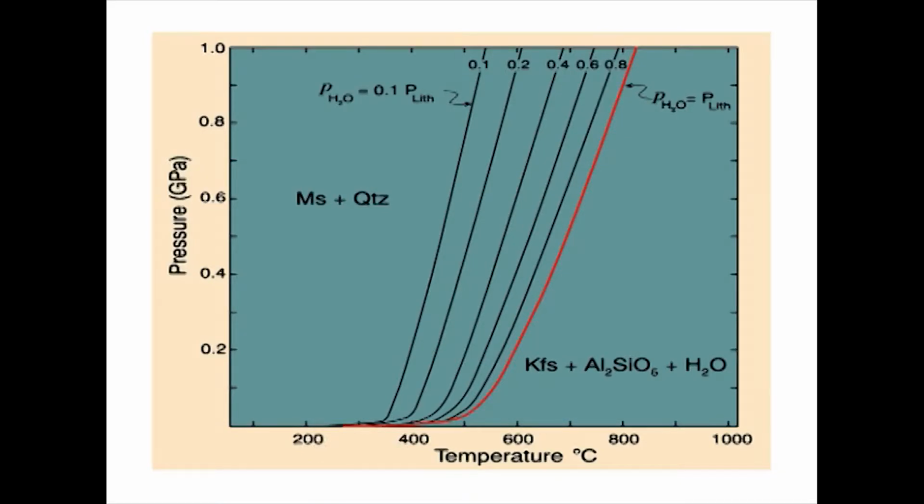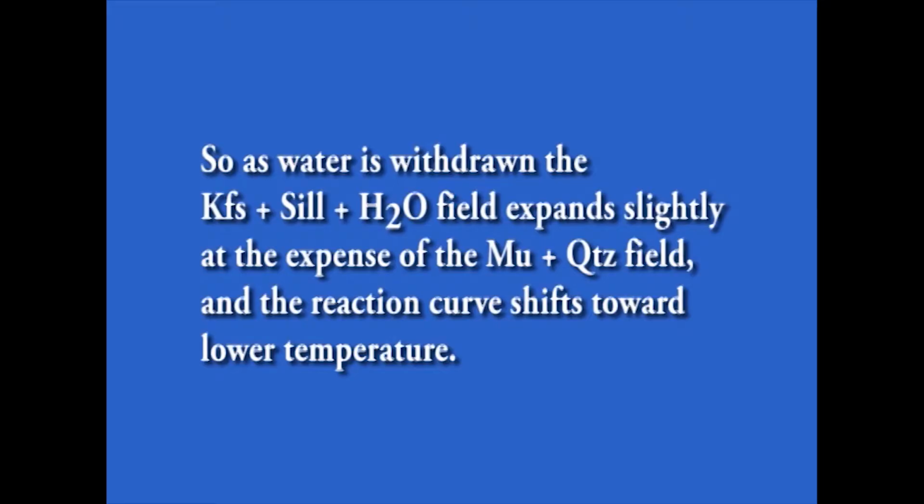This has the effect of stabilizing the right side of the reaction at the expense of the left side. So, as water is withdrawn, the potash feldspar plus sillimanite plus water field expands slightly at the expense of the muscovite plus quartz field, and the reaction curve shifts towards the lower temperature side.